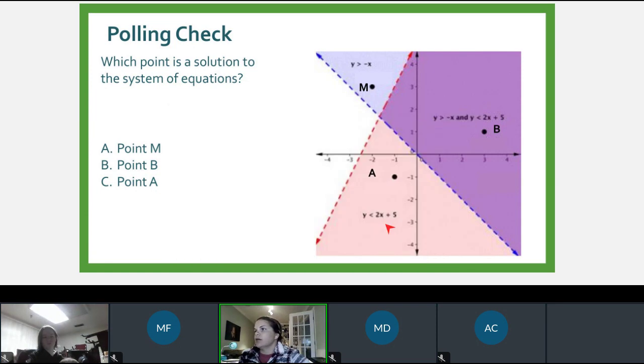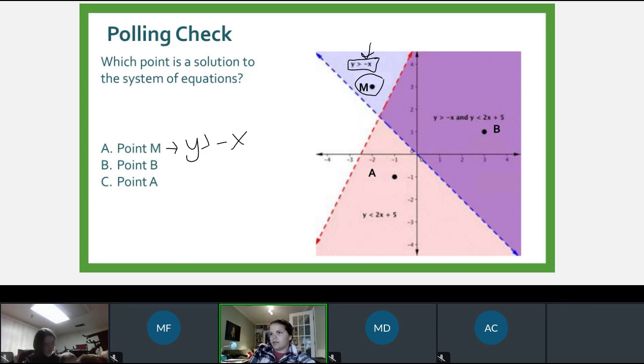So let's take a look here at these points. Point M is only in the blue. So you see right here, this equation says y is greater than -x. So this point M is only a solution to y greater than -x.